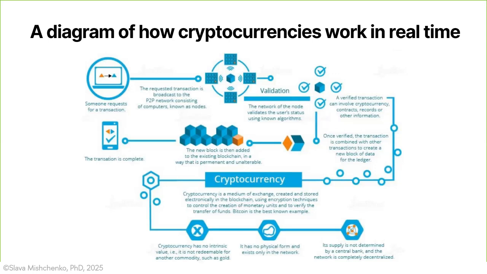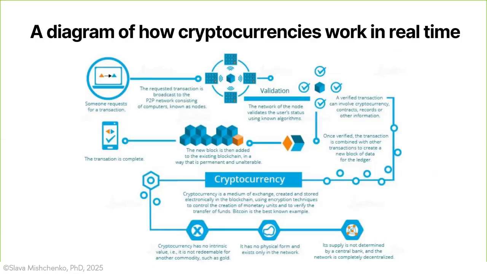You can see those nodes, for example. Each one is independently verifying the transaction using sophisticated algorithms. And I can tell you that this is radically different from how conventional transactions are verified.